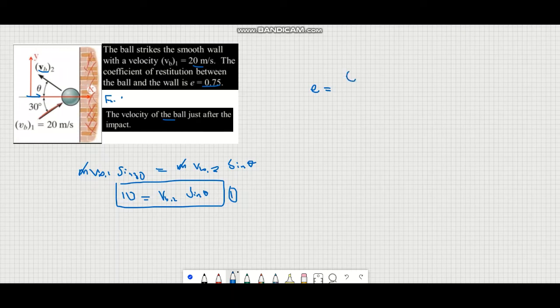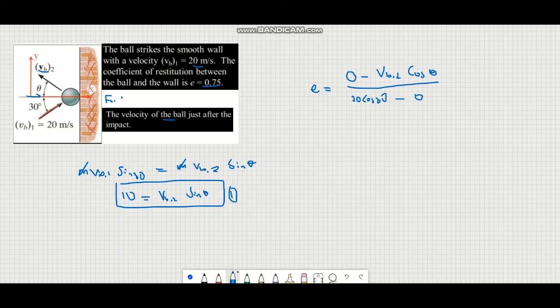The wall is constant, it doesn't move anywhere, so it's going to be 0 minus the ball's final velocity in the x direction, VB2, but instead of sine theta now we are going to use cosine theta, over VB1, which is 20 meters per second, multiplied by cosine 30, minus the wall's initial velocity, which is again 0.